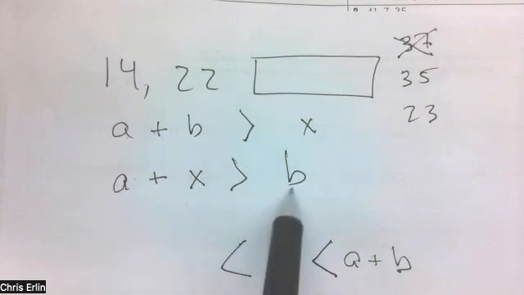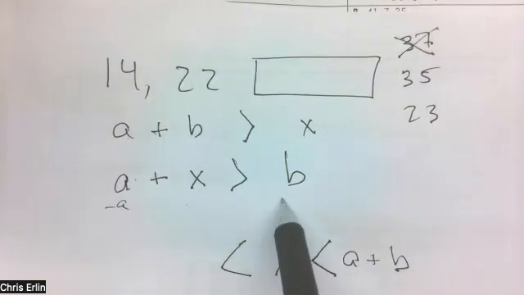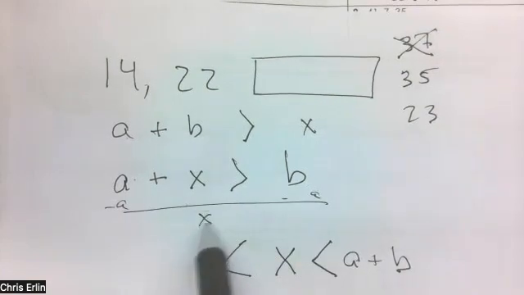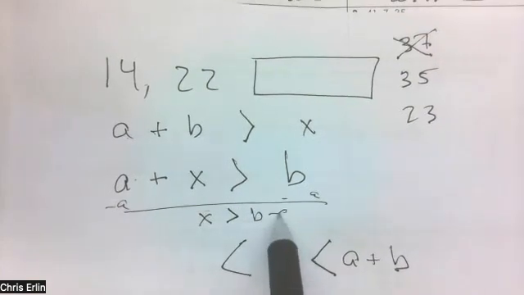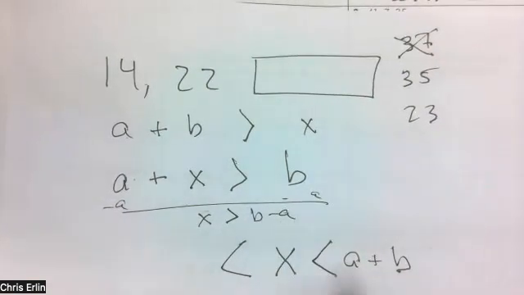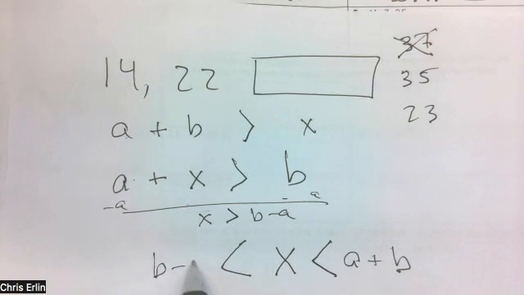So I'm going to subtract A from both sides here. I get X is greater than B minus A. So here are my alligators eating X. I'm going to write this as B minus A is less than X.